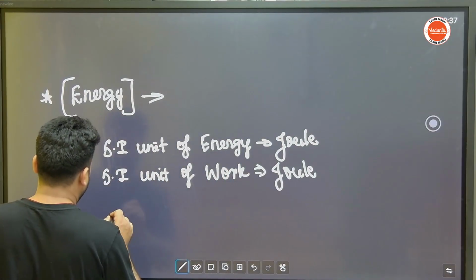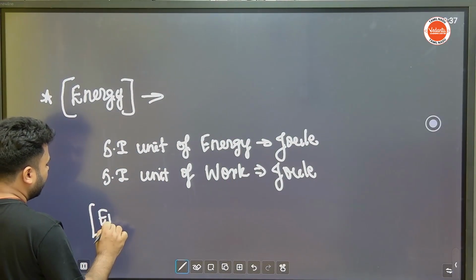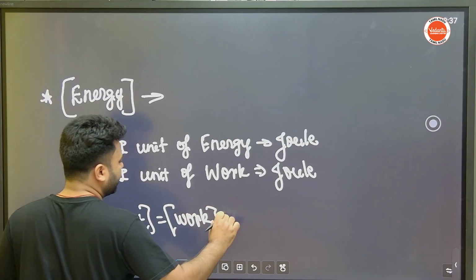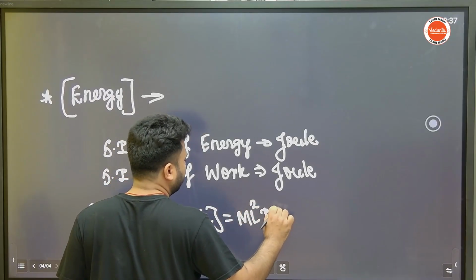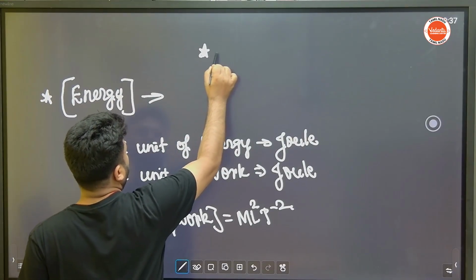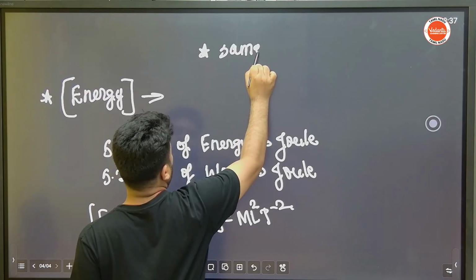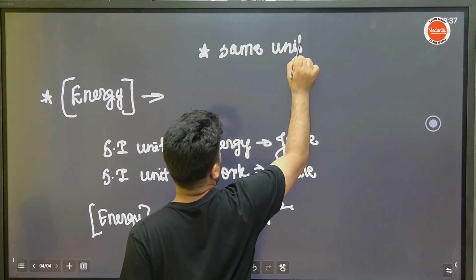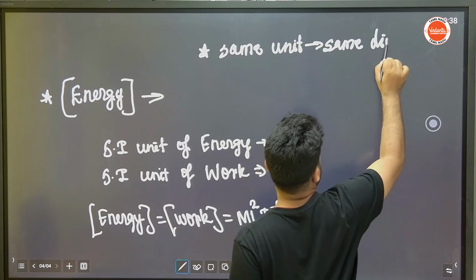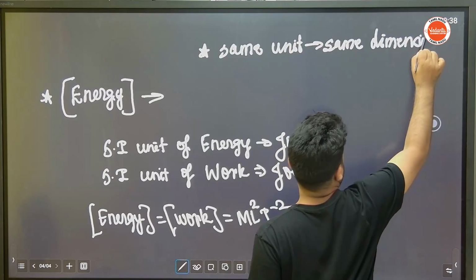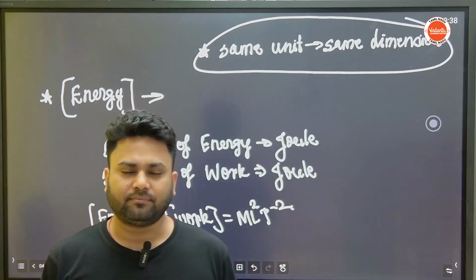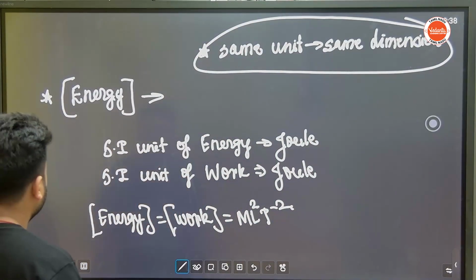So from here, I can write the dimension of energy equals the dimension of work, and that is mL^2T^-2. So if two quantities have the same unit, they will have the same dimension. This point is important. Okay.